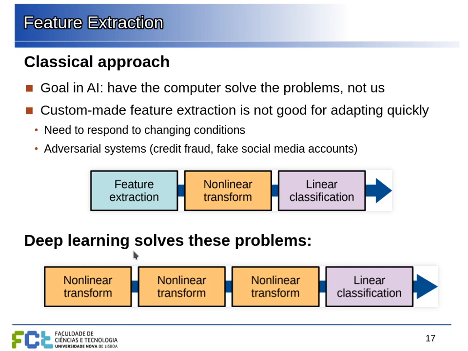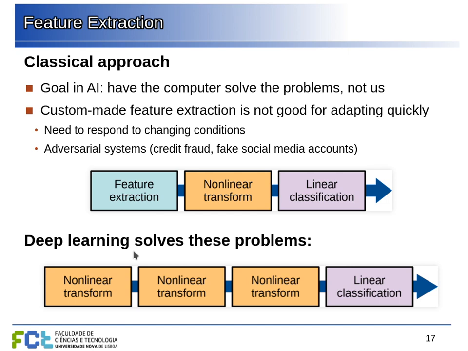And this is very important when we need our systems to respond quickly to changing conditions. For example, in adversarial systems like detecting credit fraud or fake accounts in social media, if we develop some system that starts working, then people who are trying to deceive us will change their approach in order to work around our system.